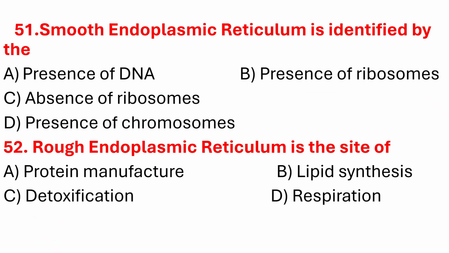Smooth endoplasmic reticulum is defined by the presence of DNA, presence of ribosomes, absence of ribosomes, presence of chromosomes. Absence of ribosomes. Rough endoplasmic reticulum is the site of protein manufacture, lipid synthesis, detoxification, respiration. Protein manufacture.